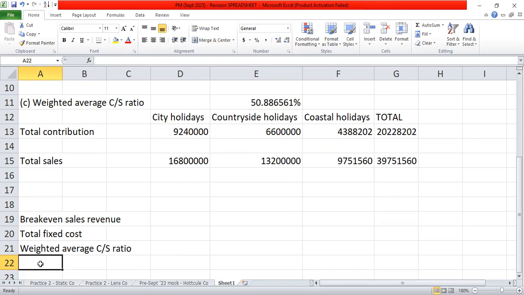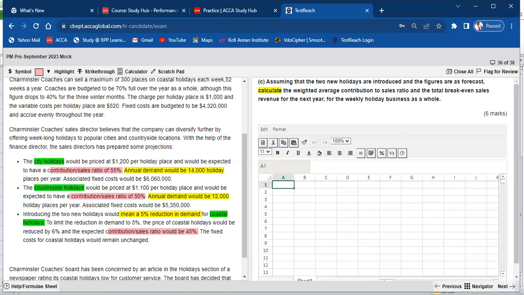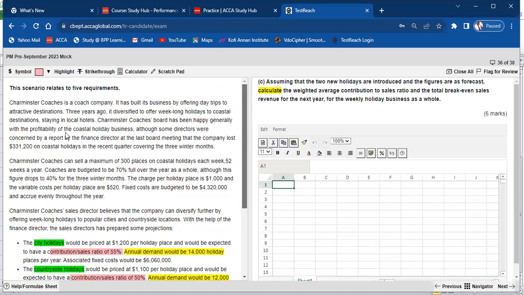So do what you must do to get easy marks first. You are given the total fixed cost of the 3 services: $60.60, $53.50. And the fixed cost for coastal holidays will remain unchanged. It used to be, how much? $4,320. It will remain unchanged.